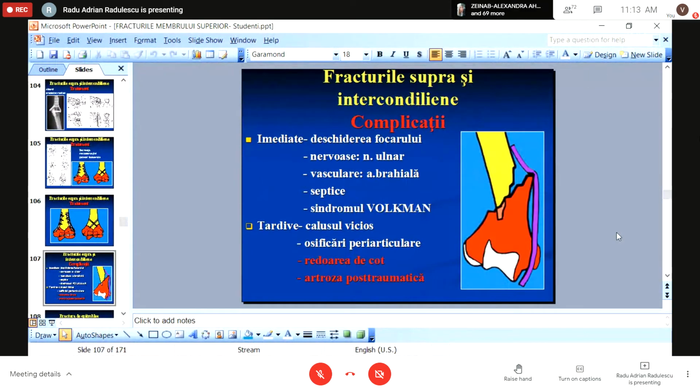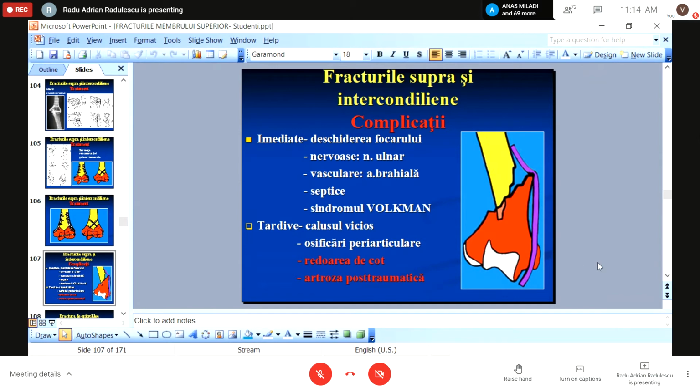Complications of these fractures may be an open fracture, vascular complications at the level of the brachial artery, infection of the fracture site, and Volkmann syndrome again. I'll come back to the Volkmann syndrome. And late complications may be bad union and periarticular ossification.